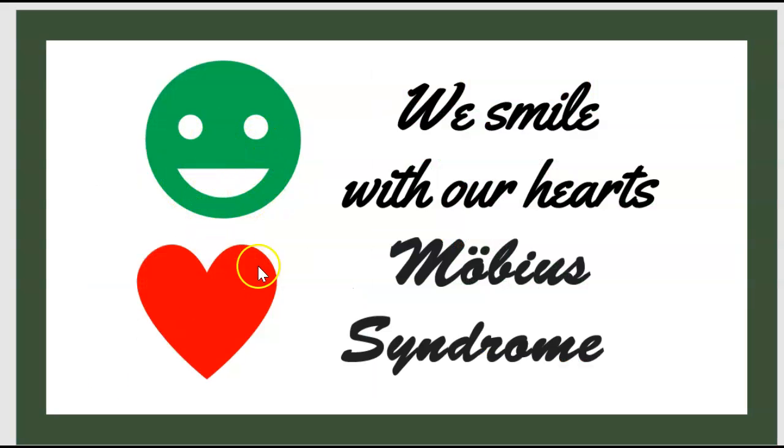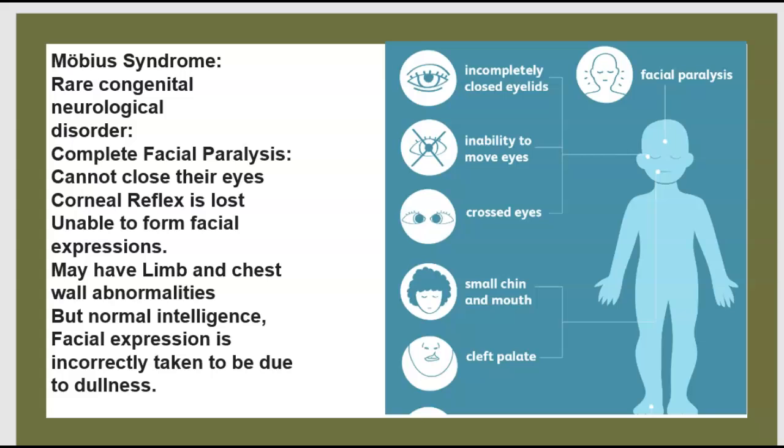We smile with our heart. Mobius syndrome. It's a rare congenital neurologic disorder. Complete facial paralysis. Cannot close the eyes. Corneal reflex is lost. Unable to form facial expression. May have limb and chest wall abnormality, but normal intelligence.